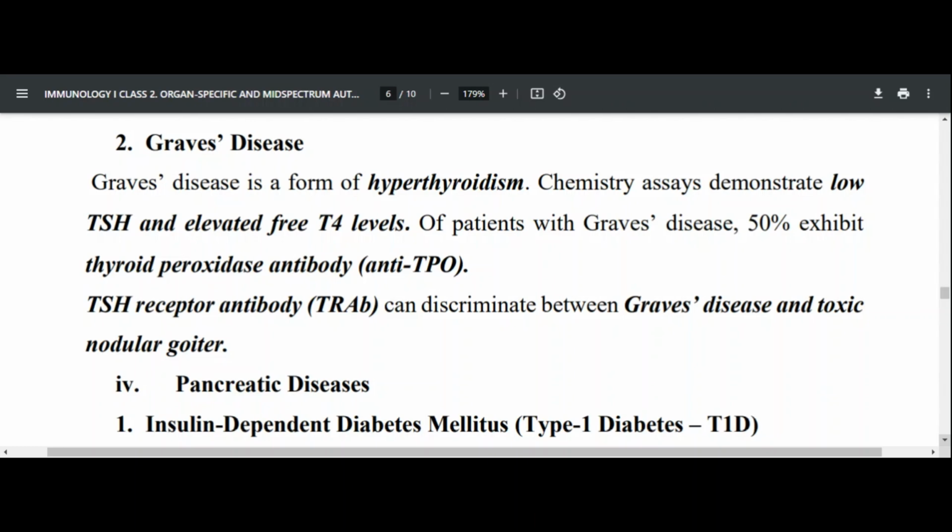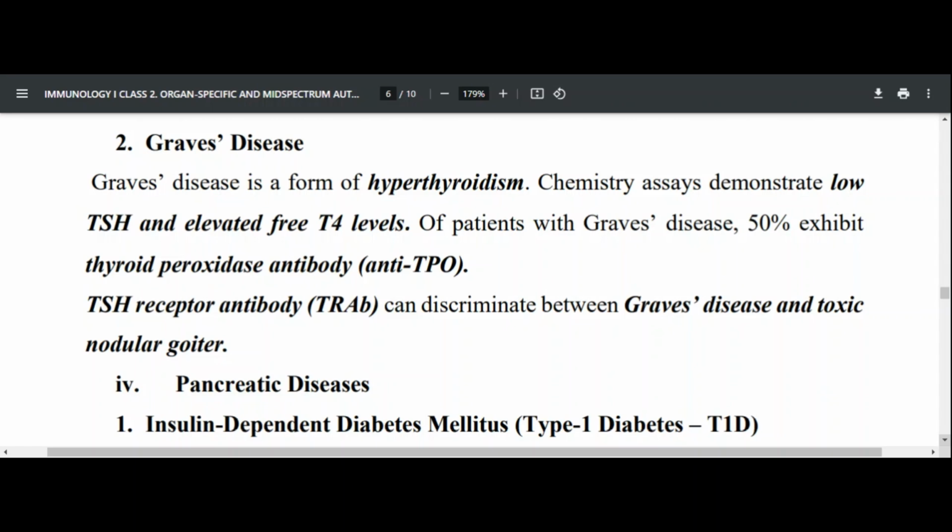Almost always, TSH receptor antibodies are also seen, and this helps us discriminate between Graves' disease and nodular goiter. Those are the antibodies that affect the TSH receptor in the thyroid gland.